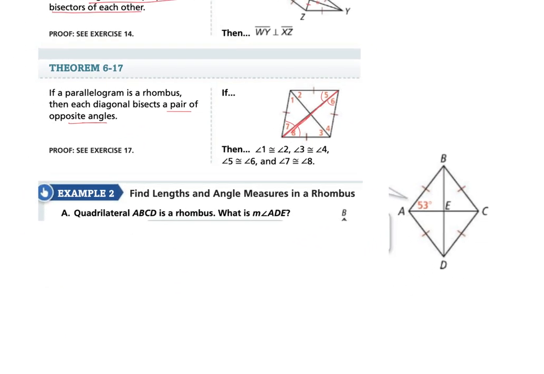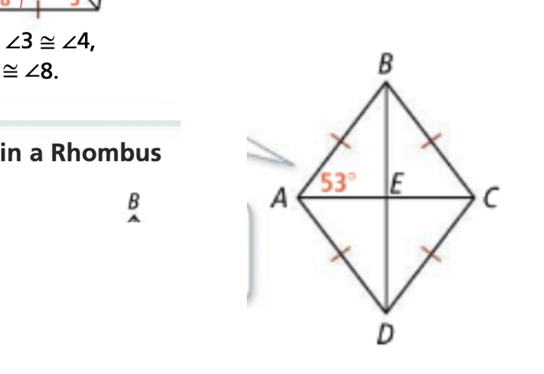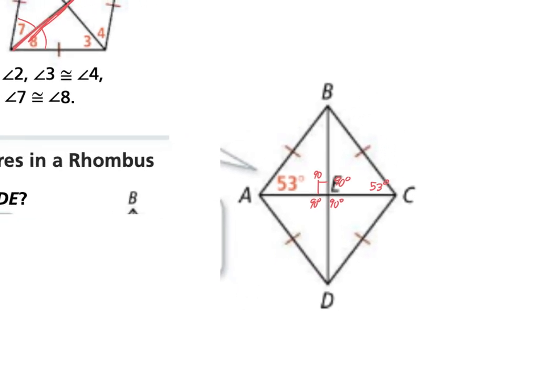So example 2, find the lengths and angle measures in a rhombus. What is angle ADE? Let's just go through and find all of these. So this is a 90-degree angle. These are all 90-degree angles. Now this is also a 53-degree angle, because the diagonal bisects the other angles.